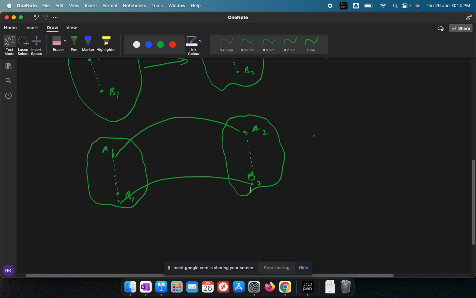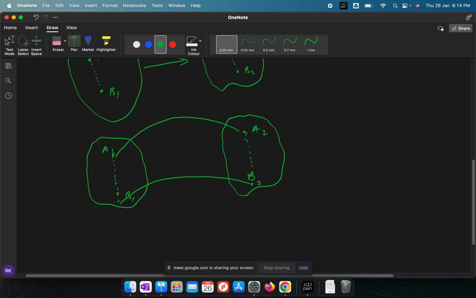It follows the initial point. What? Please repeat. It follows the same position of that. Not the position. You have to be very careful. Position is something different. Initially a1 is at this position and the same point finally is at this position.